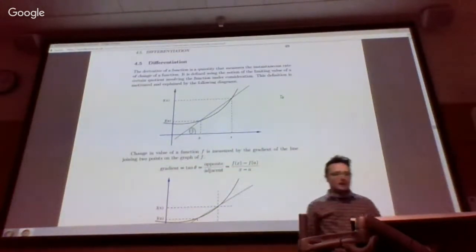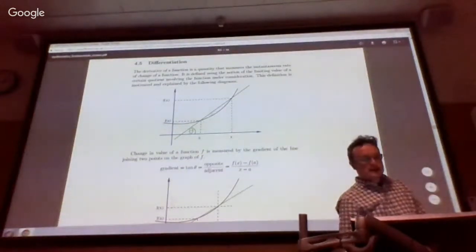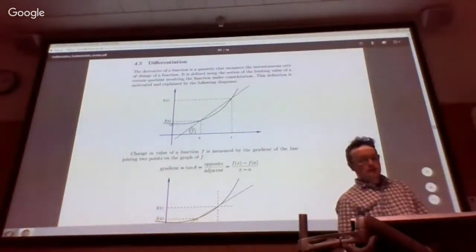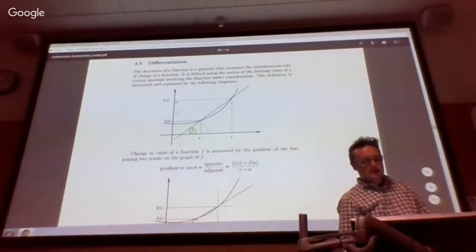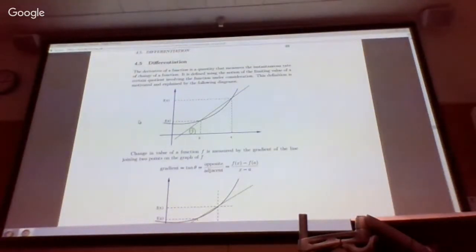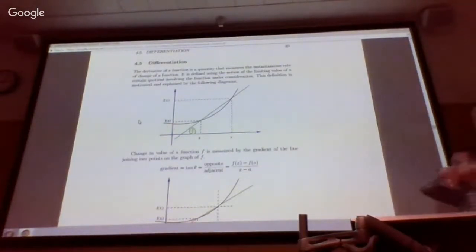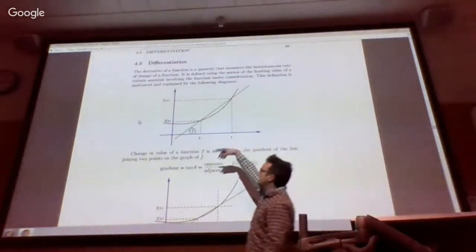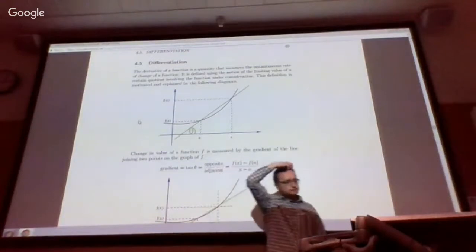The function will take a certain value f of a here, and it takes what looks like a larger value, f of x, at the point x. You can ask yourself, what is the change in behavior of the function at a compared with x? So you're comparing these two values, f of x and f of a.